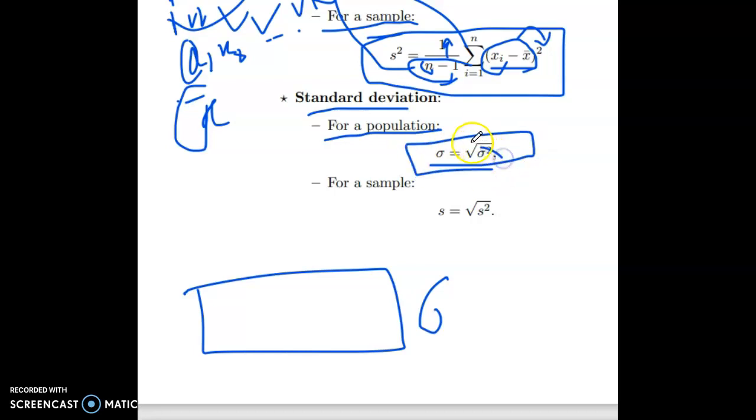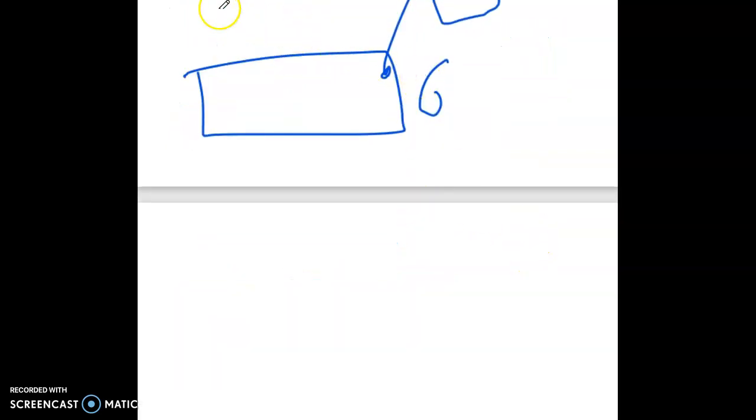The square and the root cancel, and only sigma remains. For a sample it is the same: the root and the square cancel.